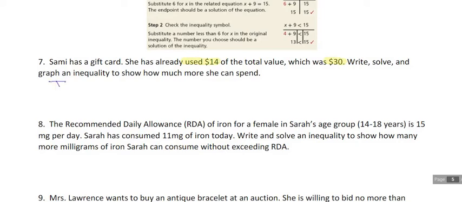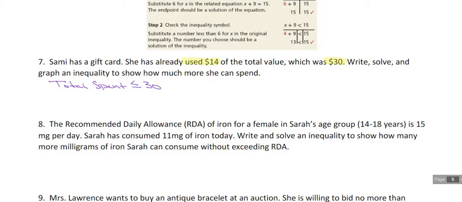So total spent can be no more than 30, so less than or equal to $30. Now she already spent some money, so that's going to go in the spent side. And we don't know how much she has left, so that's going to be our unknown, our variable.